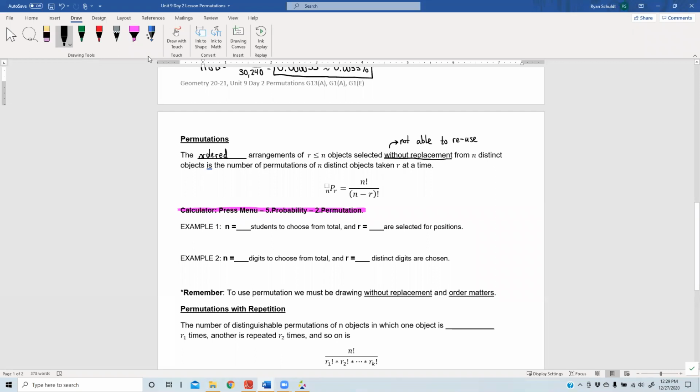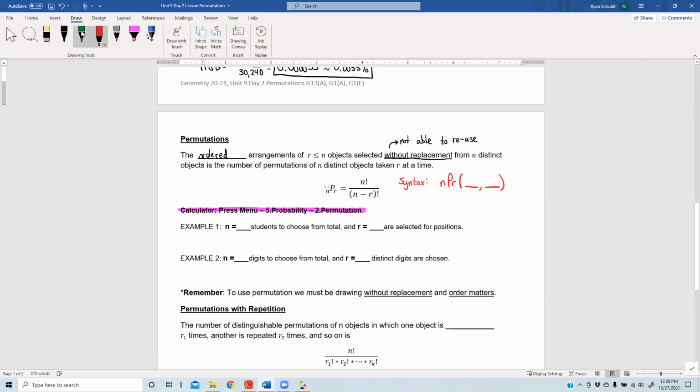For the calculator, though, for the syntax, which means the order you have to put things in, it's going to look like this. It's going to come up NPR with a parentheses, and then these blanks and commas won't be there. All you'll have is NPR and a set of parentheses.